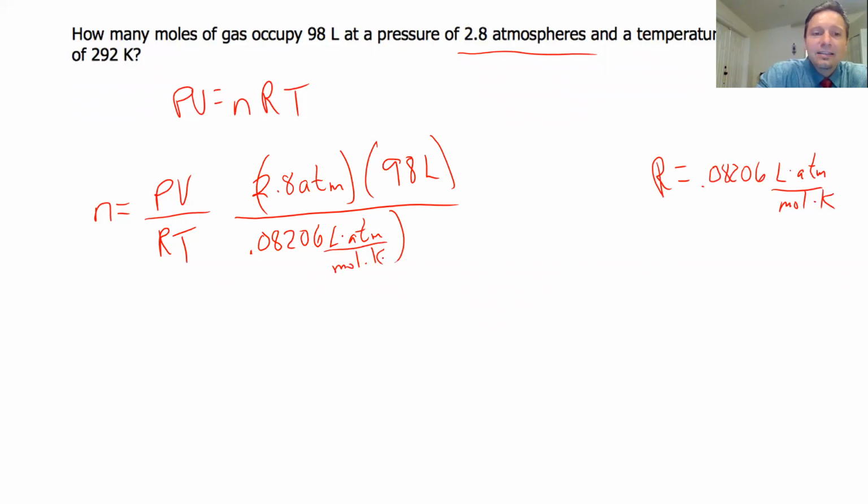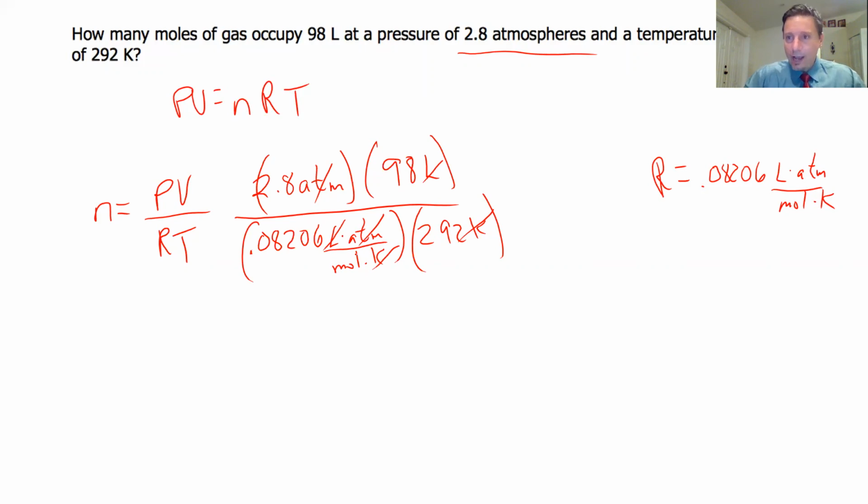So that's here in parentheses, and then lastly is my temperature, which is given to me as 292 Kelvin. So cancel, cancel, cancel, cancel, and I am just down to moles now. Let me plug this all in. So I have 2.8 times 98, and I'm going to divide that by parentheses 0.08206 times 292.